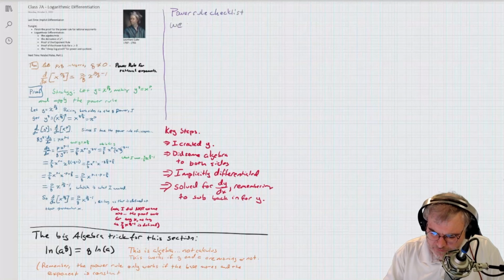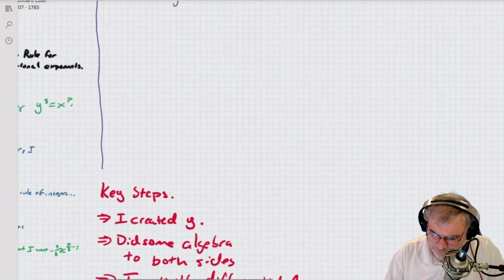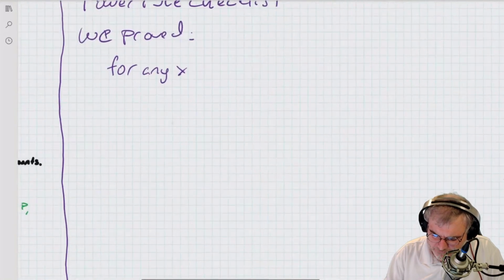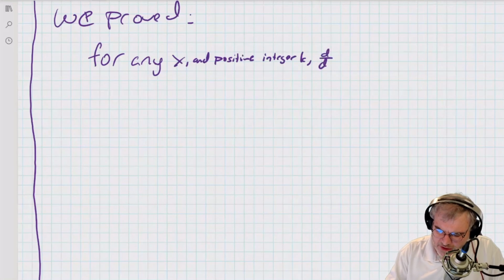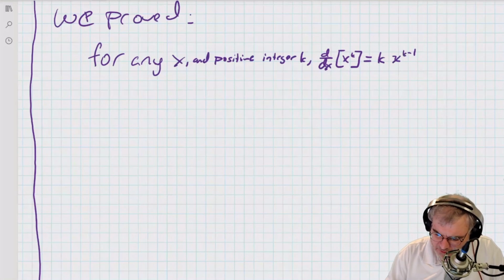We proved, for any x and positive integers, d over dx x to the k equals k x to the k minus 1, using binomials.